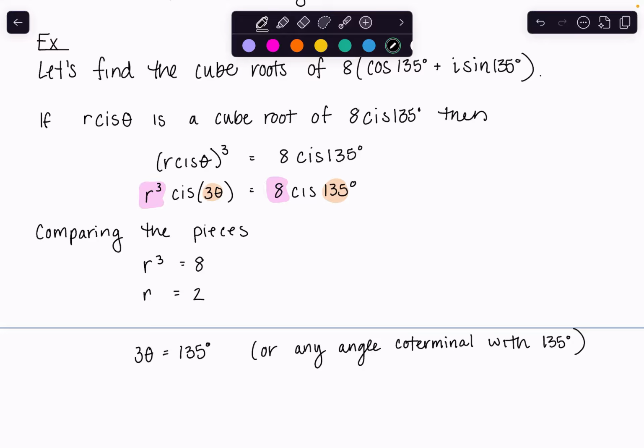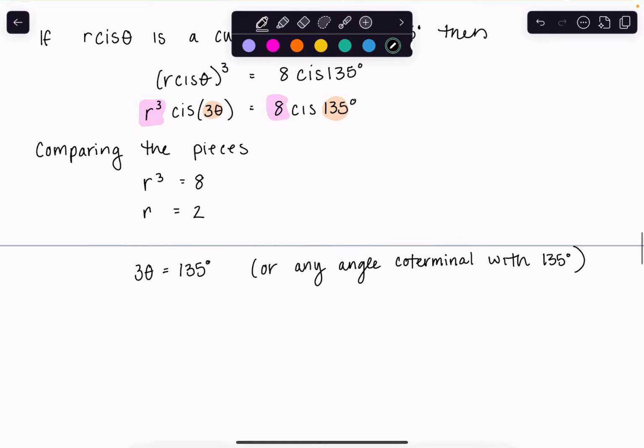So remember when we had to find all of the values within the interval from 0 to 2 pi or 0 to 360 degrees, we'd have to add one revolution of our unit circle to be able to see if that fit into that time period. So 3 theta could definitely equal 135, and that will be one solution.